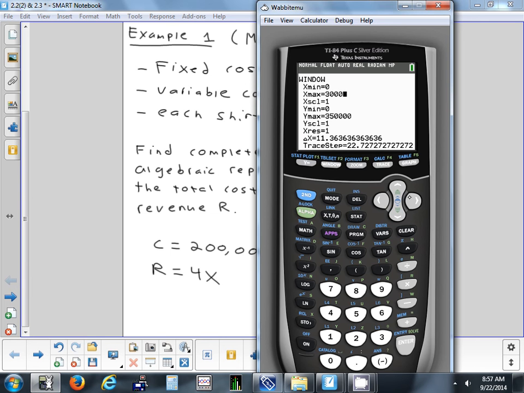Let's try 30,000 shirts. So there's our costs and there's our revenue. What do you notice about the cost and the revenue? What's starting to happen? They're about to intersect. Yeah, they're going to intersect. We don't know where. Let's try 300,000 shirts.